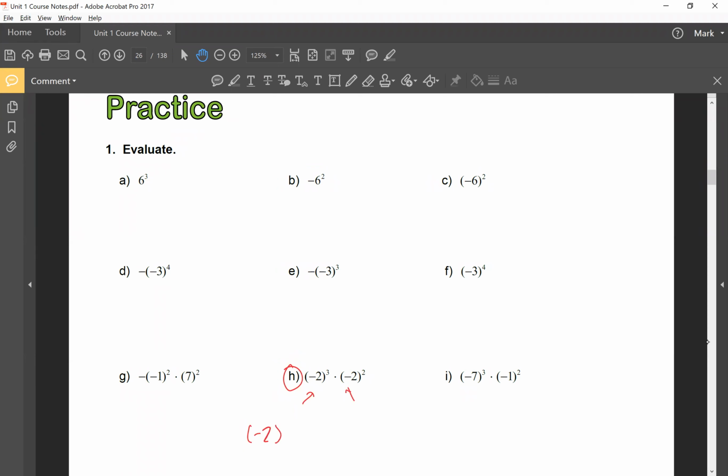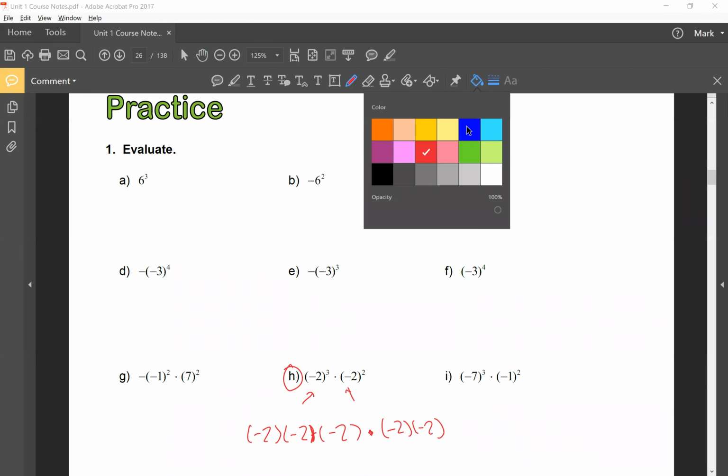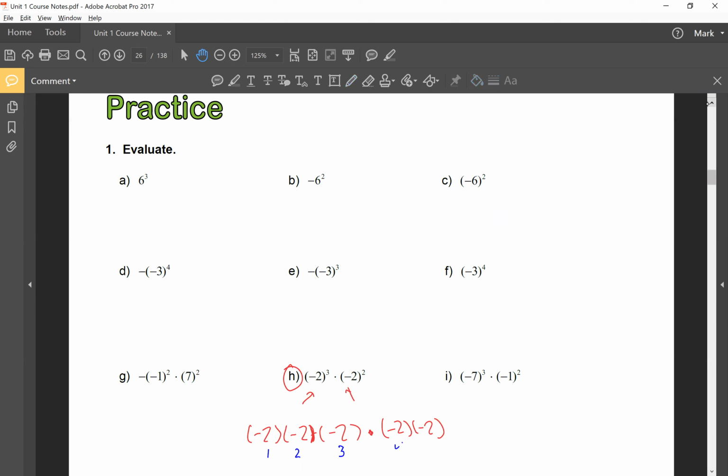So this means it's -2 times -2 times -2. And then I'm going to multiply that by the same thing again. Now, if you look at this, I'm going to do something a little sneaky here. I have 1, 2, 3, 4, 5 negative 2's.